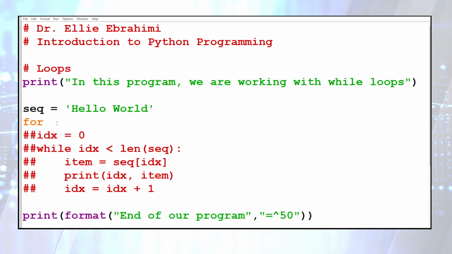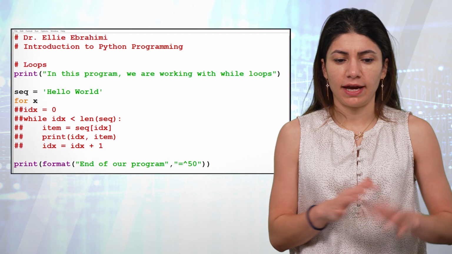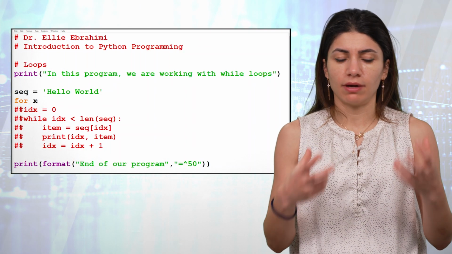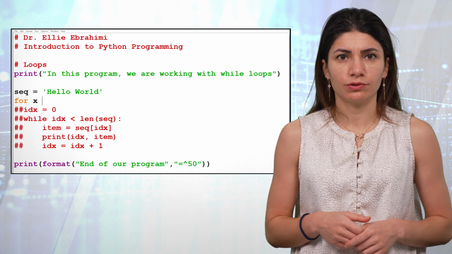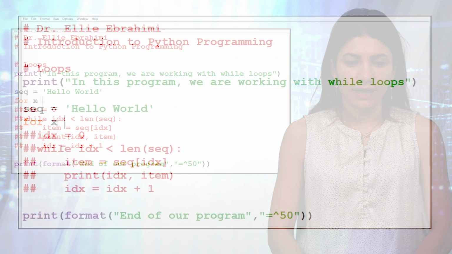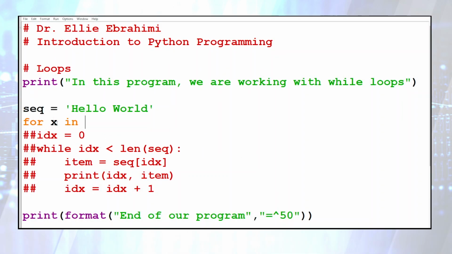I'm going to call it x. I'm going to have that there as it is, just x. I'm saying this is the conditional variable I'm going to create. And then I'm going to put the keyword in, which is a membership operator: for x in the sequence that we have. What happens in this line is that x is going to go through the sequence that we have here.